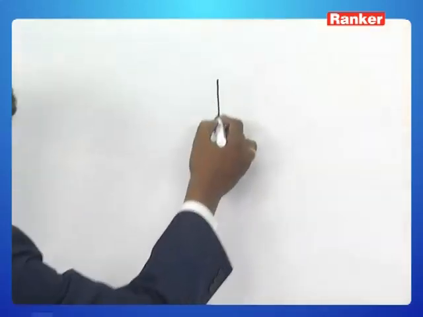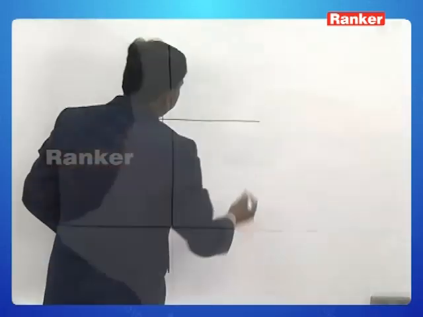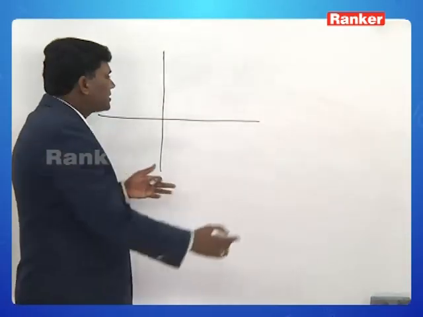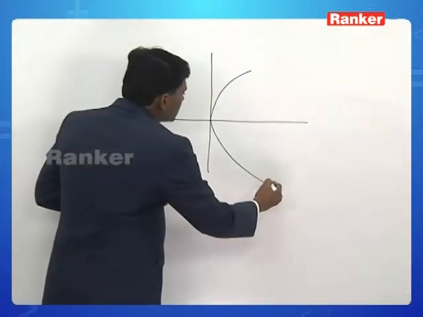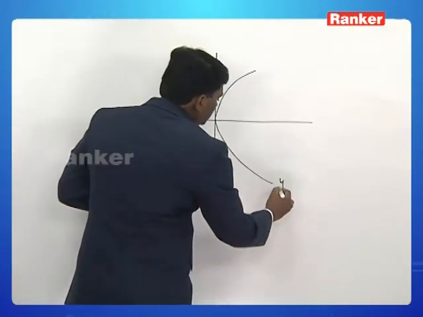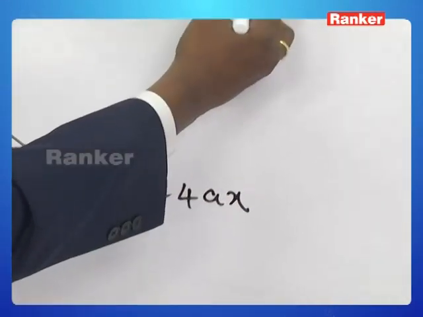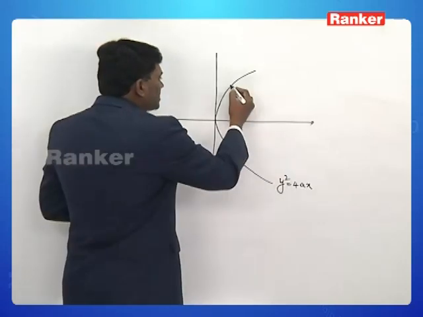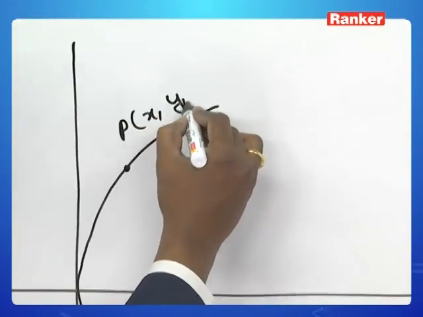Now, let us take a parabola in its first simplest form, y square equals 4ax, on which let us imagine a general point P, x1, y1.